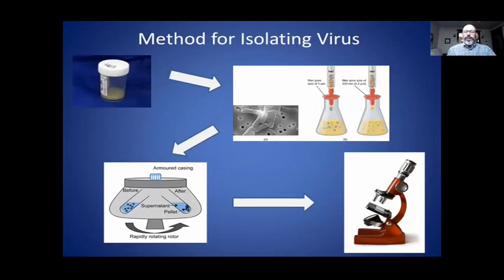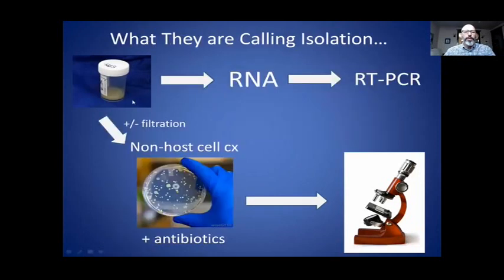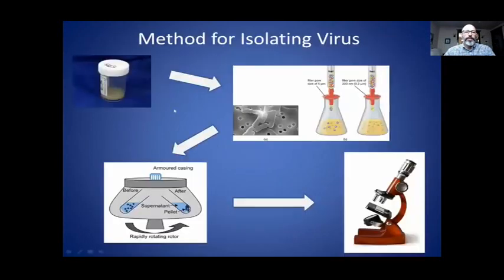So here is a method that's been documented by many. It's in standard microbiology and lab textbooks, and it has been used extensively to isolate viruses from lower organisms such as bacteria, amoeba, and algae. What you do here is you take the sample or the body fluid, which is in the upper left corner here. So in the case of SARS and COVID-19, lung fluid is the most common thing that is used for this purpose.